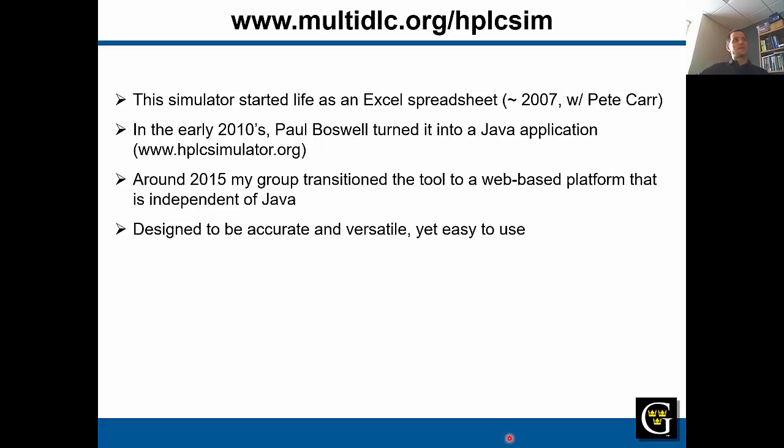Two things happened at that point. Paul left academia, and also the maintenance associated with keeping the Java application alive became really taxing. And so around about 2015, my research group took the idea and basically developed a web-based platform for the tool that is totally independent of Java, so we don't have to worry about those problems anymore.